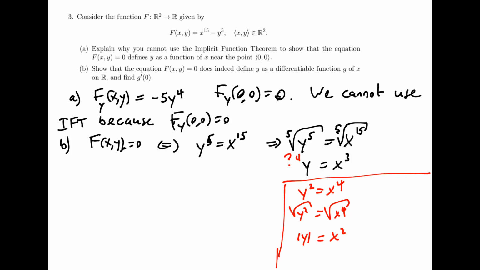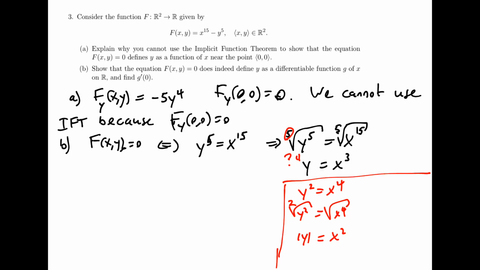The fifth root, that would be an odd root. So I shouldn't say square root, I should say an even root. This 5 here is an odd number, so that's an odd root. However, here we have a square root which has a 2, so that's an even root. If I take an even root, I will always get the absolute value. But if I take an odd root, I don't get the absolute value. If I take a negative number and raise it to an odd power, I get a negative number.